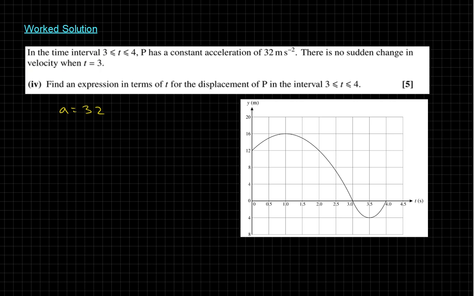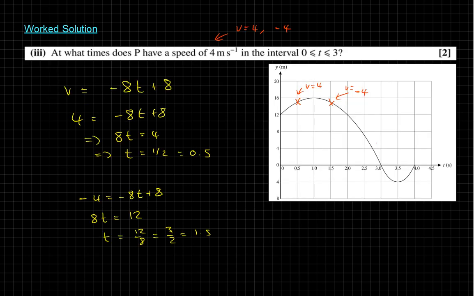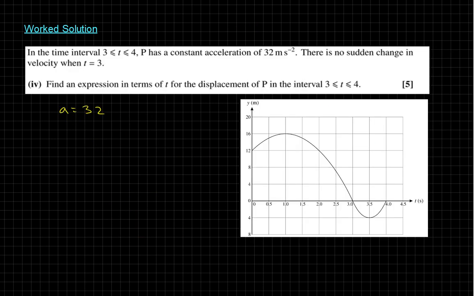All that's saying is you can find what the velocity for t equals 3 is by looking at the equation we previously had. Even though that equation does not govern this period of time, it governs this period of time. So what was that equation? It was v equals minus 8t plus 8.